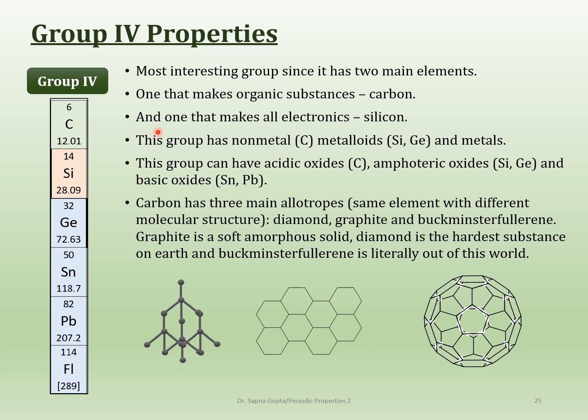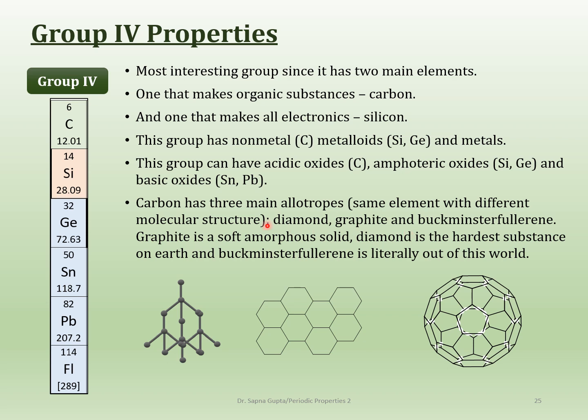One thing I want to talk about with carbon is that carbon exists in 3 allotropic forms, and all 3 of them are so interesting, and that's why I want to talk about it for just a minute or so. So what is an allotrope? An allotrope is the same element but with a different molecular structure. So the 3 molecular structures that carbon has are diamond, graphite, and yes, I knew you know this one also, Buckminster fullerene.